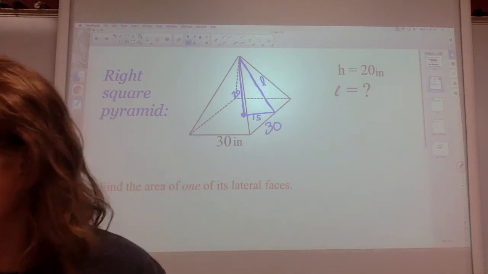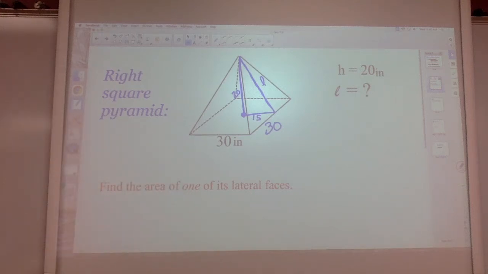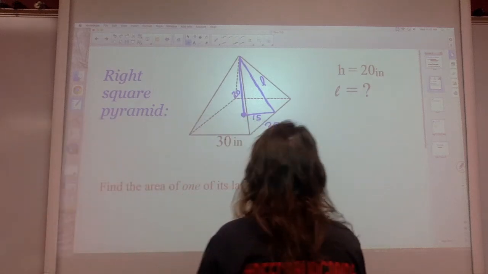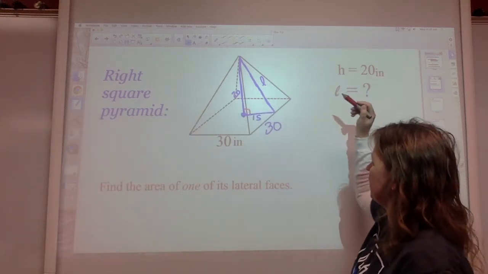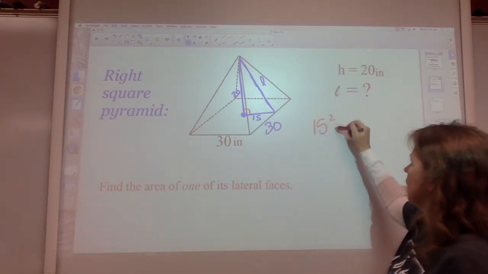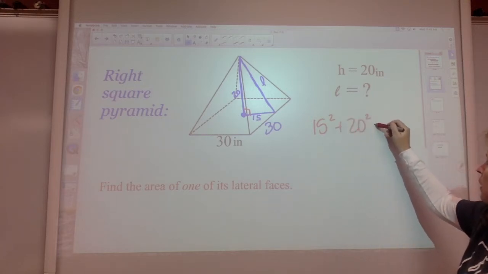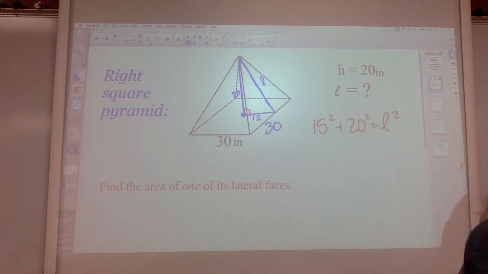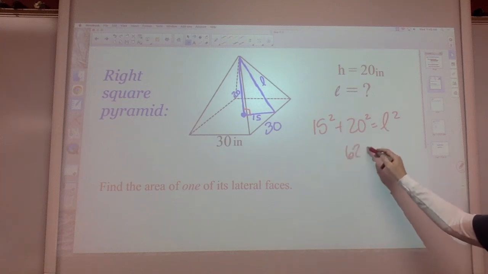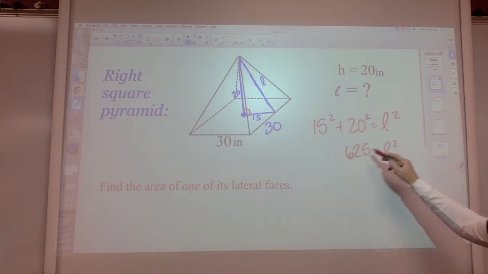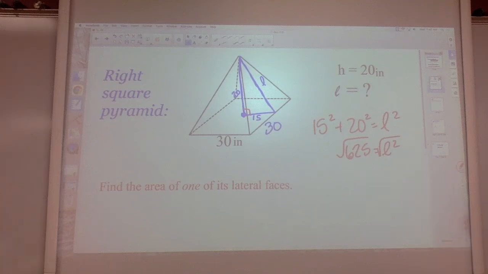So half of the base, you've got the height, and now that just turns into the Pythagorean theorem. 15 squared plus 20 squared equals L squared. Do the math, and you get 625, which is a very nice, perfect square number, so when you're looking for the slant height, you find out that it is 25.